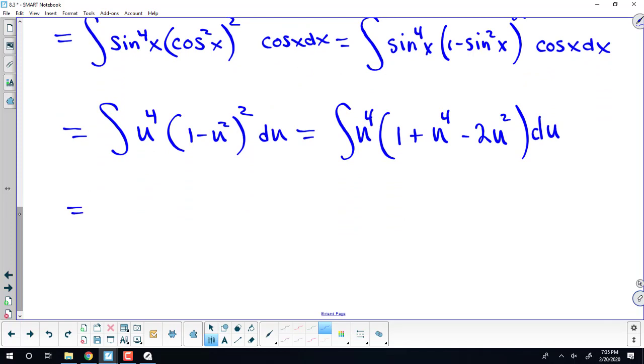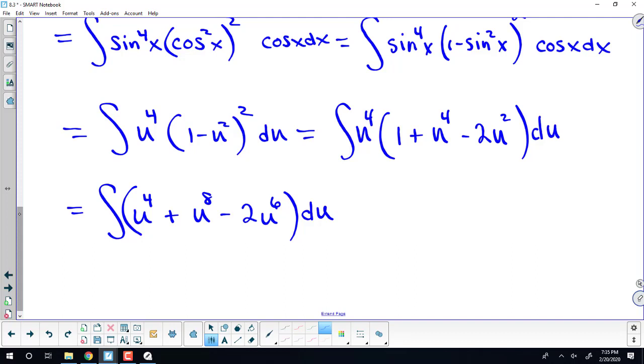I didn't try by parts, so I'm not sure it'll work. So we have the antiderivative of u to the fourth plus u to the eighth minus 2u to the sixth. And then that's pretty straightforward from there.